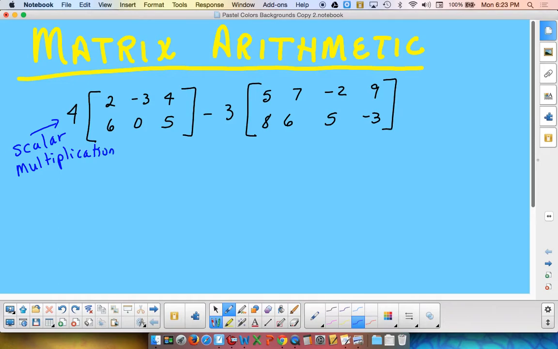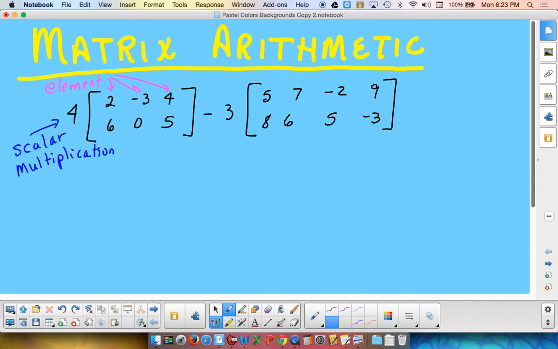Those are called scalars. So we're doing scalar multiplication, and yes, it's exactly what it looks like. They simply want you to multiply through and take every single number in the matrix times 4. Each number in the matrix is called an element. So every individual number is an element.